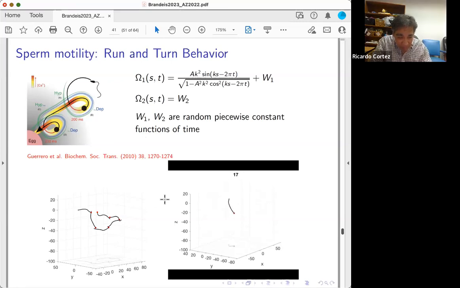So this is just an example of a simulation where the bead is more or less planar, and every so often there's a random perturbation to the motion so that it goes in different directions. But this is just a proof of concept.